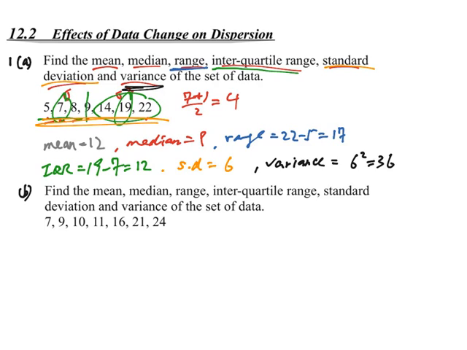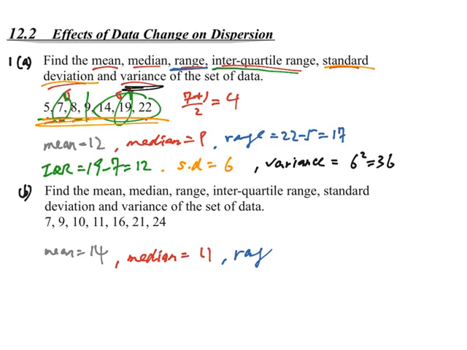Now, try to use a few minutes to do question B. Let's check it. For mean, it is equal to 14. And for median, it is equal to 11.